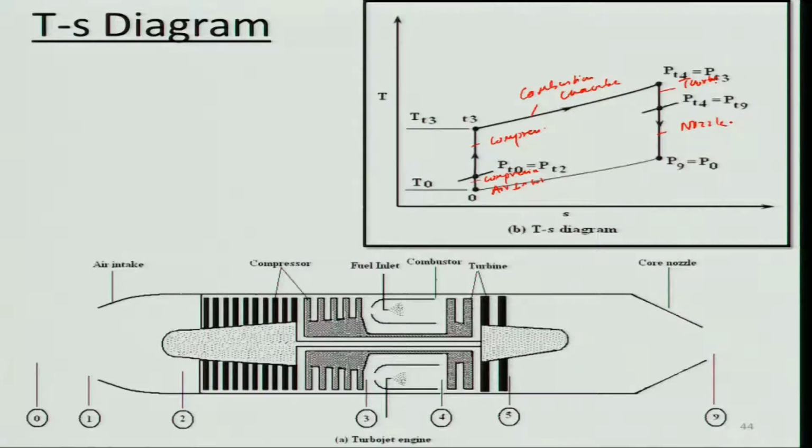It is similar to the ramjet, only with a contribution from the compressor and the turbine. If you look at the PV diagram, it will be similar, only with the division in the compression and expansion process.